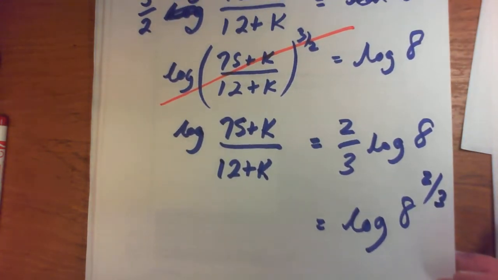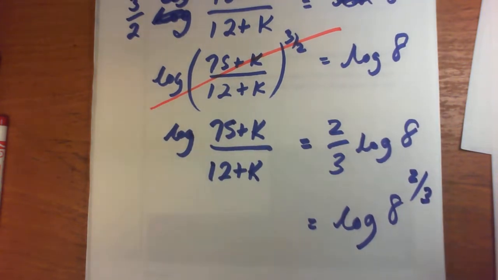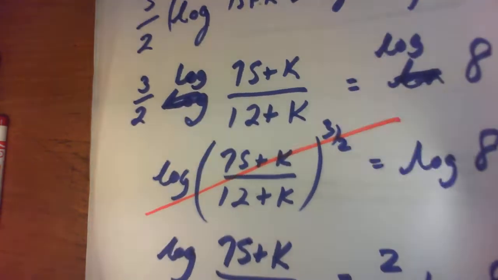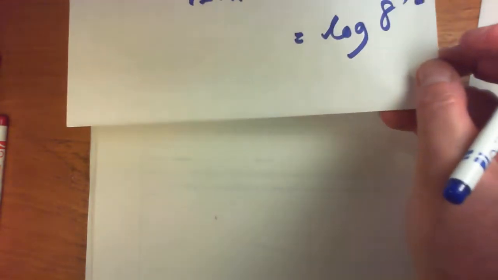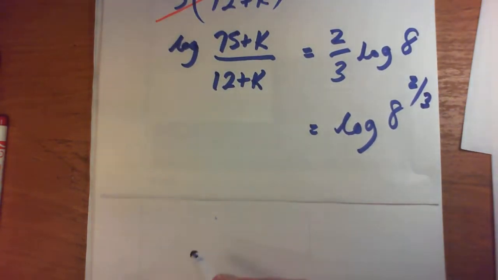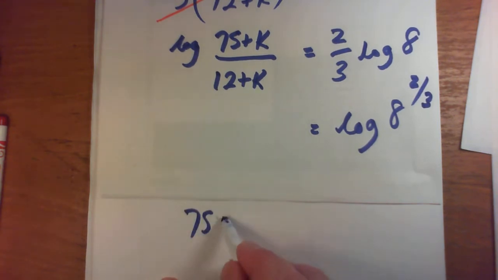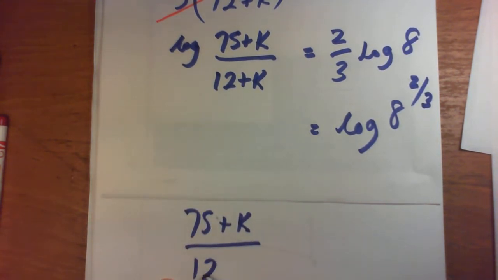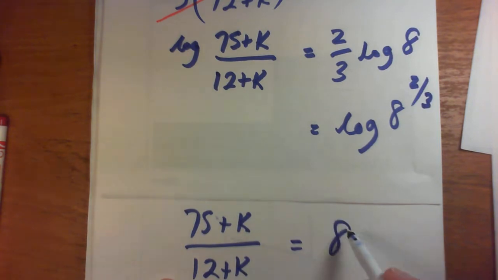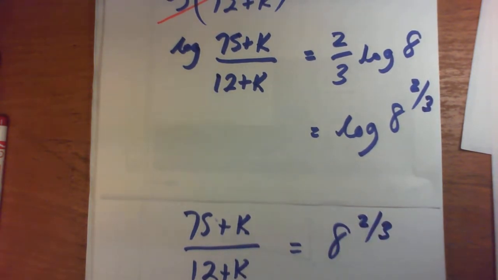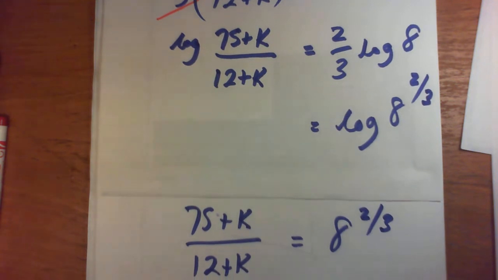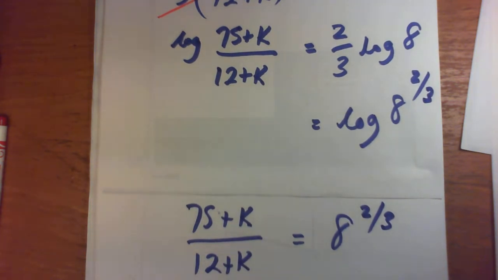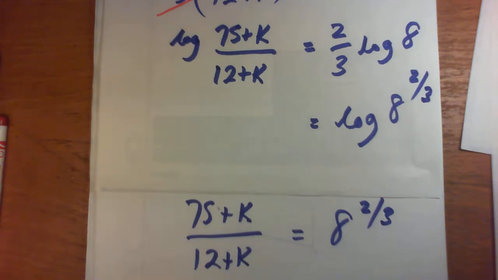Now you've got a log on both sides, and you can just straightforwardly anti-log it. And what is 8 to the power 2 over 3? Well, that's equal to 4. You can either take the cube root of 8, which will give you 2, and then square it, that'll give you 4. Or you could square 8, which will give you 64, and the cube root of that is 4.